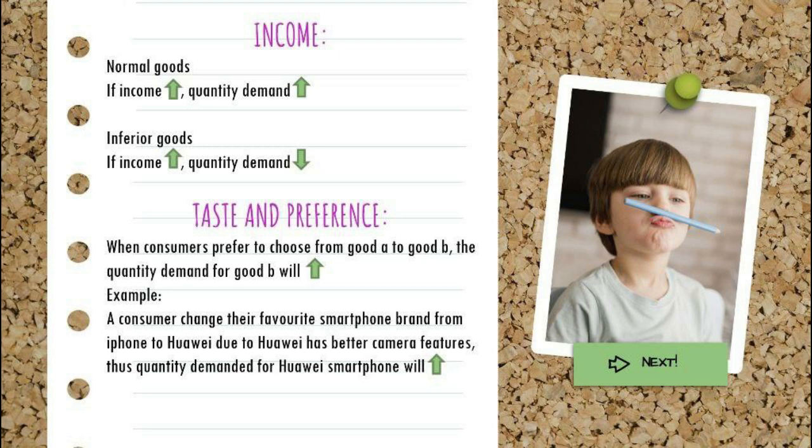Therefore, the quantity demanded for normal and luxury goods will increase. For example, when the consumer's income is higher, the quantity demanded for diamonds will increase. Furthermore, if the consumer's income is higher, the demand for inferior goods will decrease.